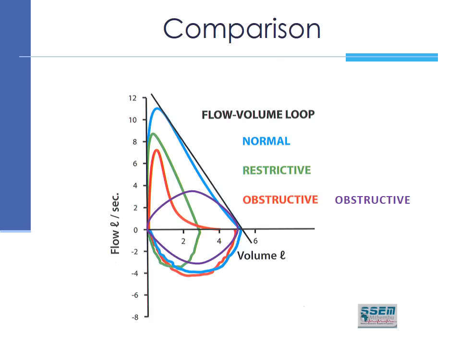And as a summary, or as the last slide, just a comparison of the different flow volume curves. The blue curve represents a normal flow volume curve, where you can see a very nice peak expiratory flow rate and a nice shape in the curve. The green curve represents a restrictive disorder because we have a decrease in the lung volume.